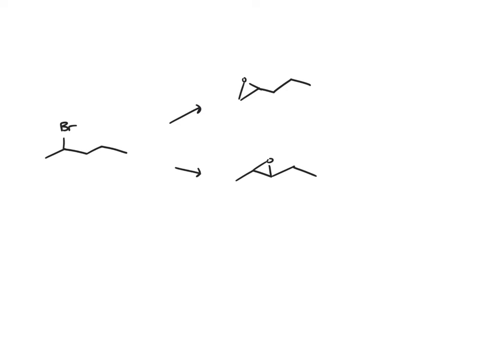So if you're thinking backwards, what double bond do I need to add MCPBA to get this? I need this double bond, right, as opposed to the one on top. You need the double bond on the far end.